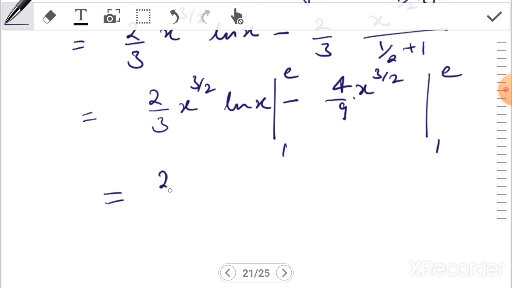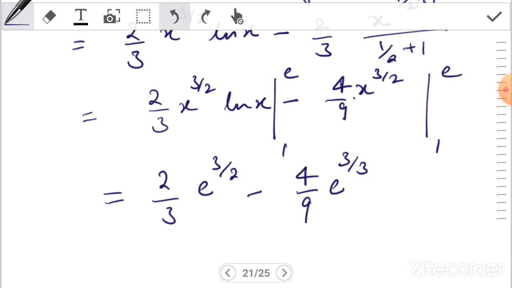So now put 2 by 3 and x as e raised to the power 3 by 2 ln e, and ln e is 1, so minus 2 by 3 ln 1, that is 0, and then minus 4 by 9 x e raised to the power 3 by 2 and minus 4 by 9.